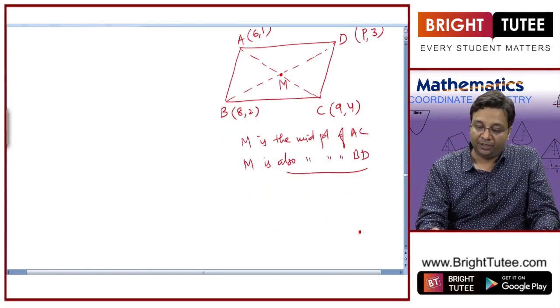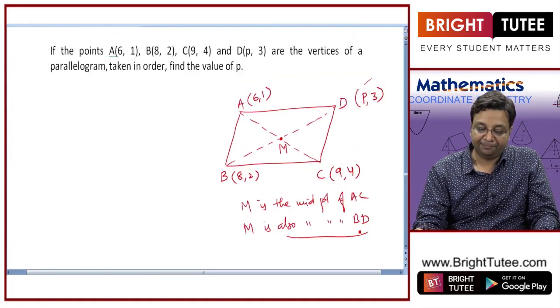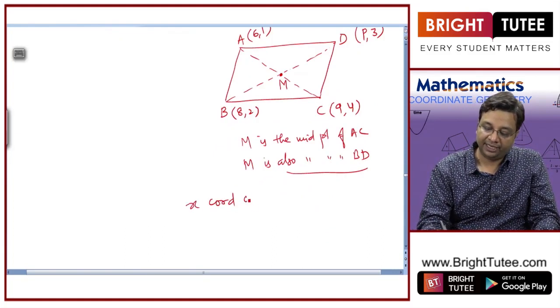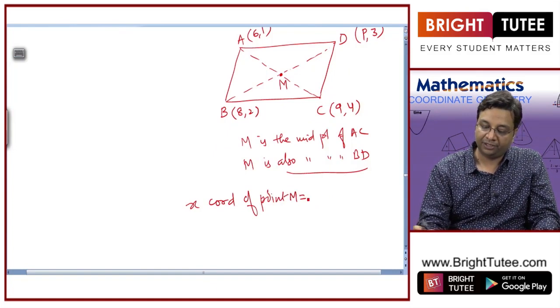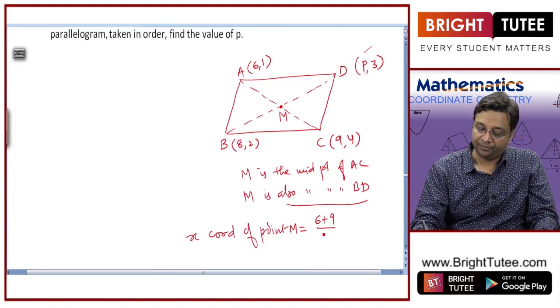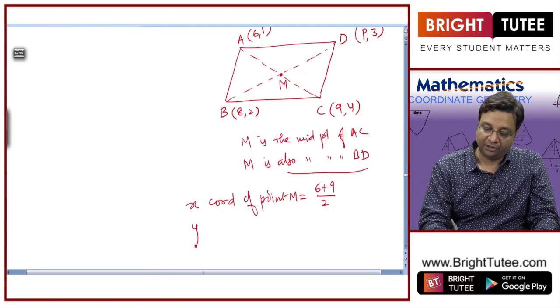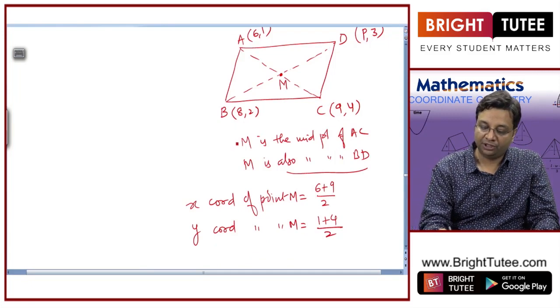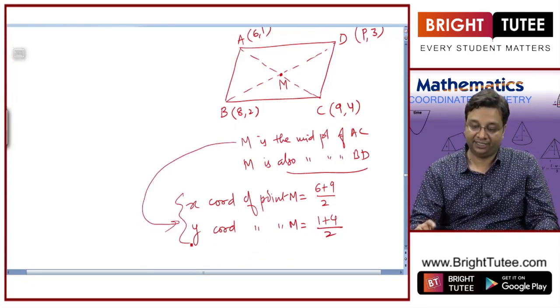Now using this property, what will be the x coordinate of M? The x coordinate of point M will be equal to 6 plus 9 by 2, and the y coordinate of point M will be equal to 1 plus 4 by 2. I have used this here, M is the midpoint of AC.